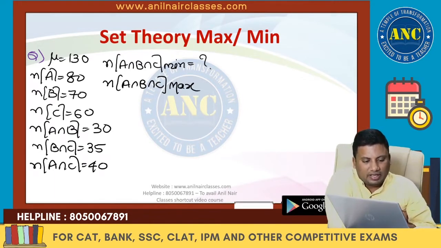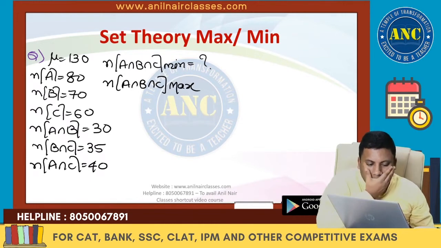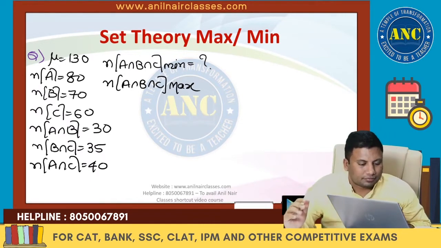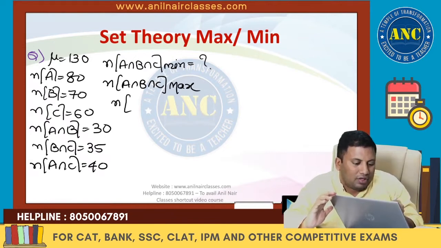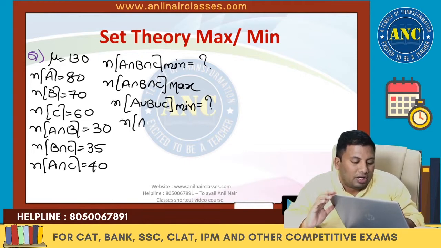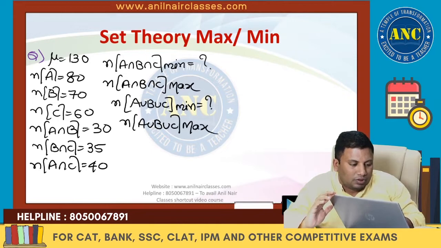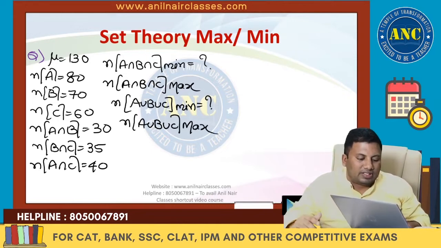Now we will do 2 more questions. N of A union B union C minimum, N of A union B union C maximum.